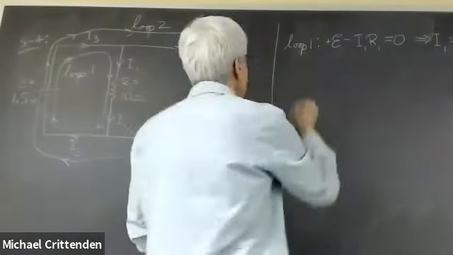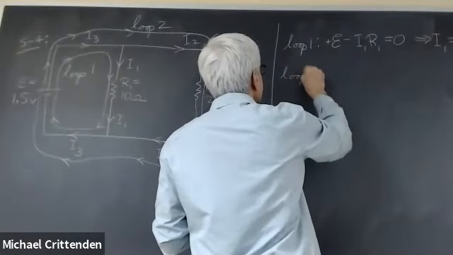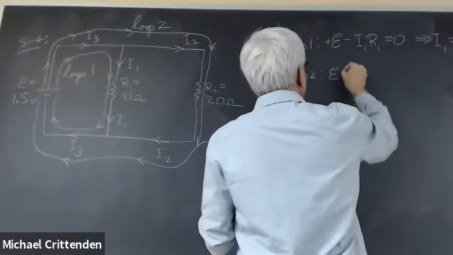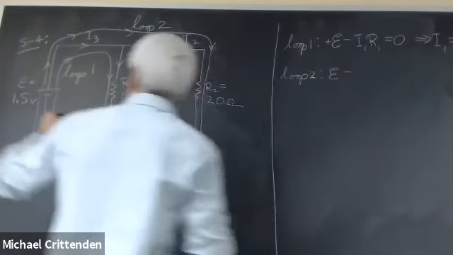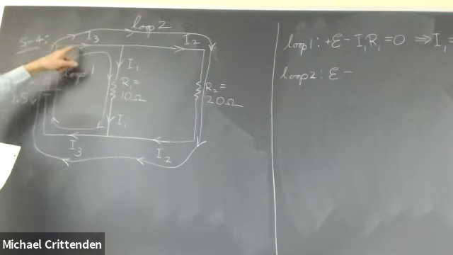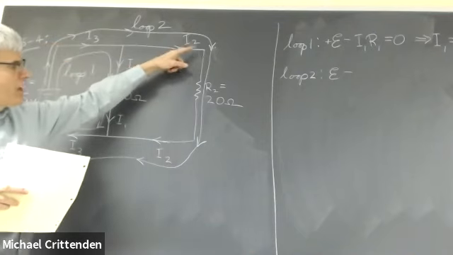So loop 2: I've gone up E volts. No change, no change, no change, no change, no change.